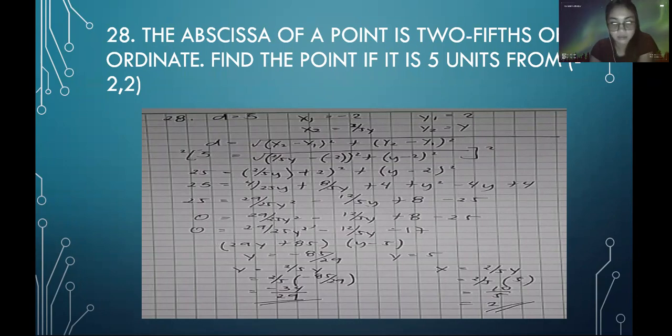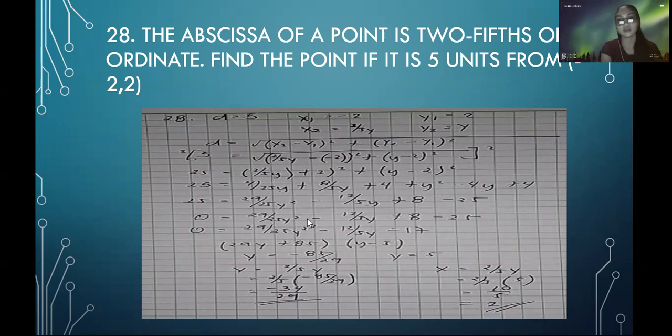Y is equals to, so here the value of x is 2 over 5y. So let's substitute the value of y, it is negative 85 over 29. So the formula is 2 over 5 times negative 85 over 29. So x is equals to negative 34 over 29.